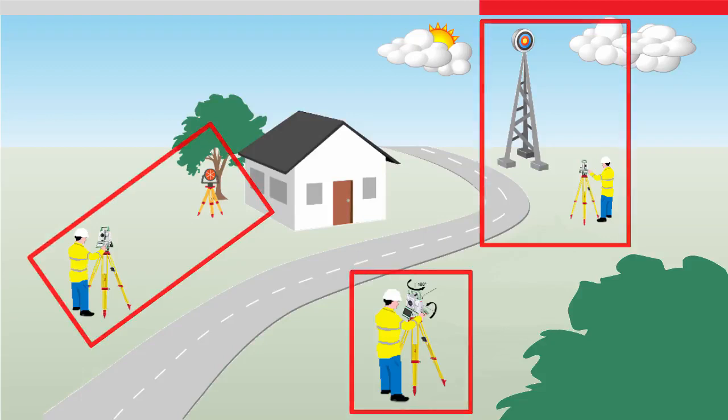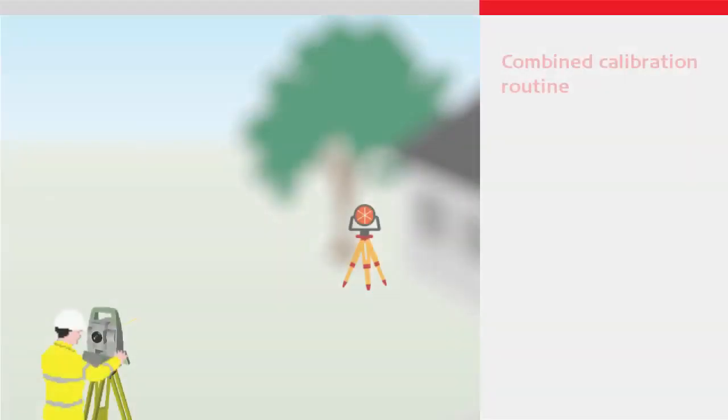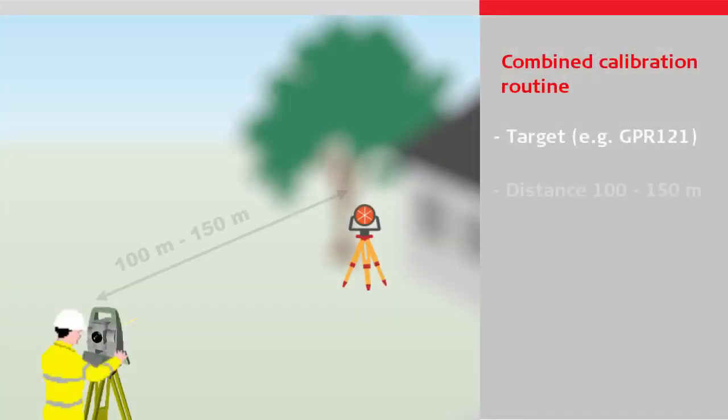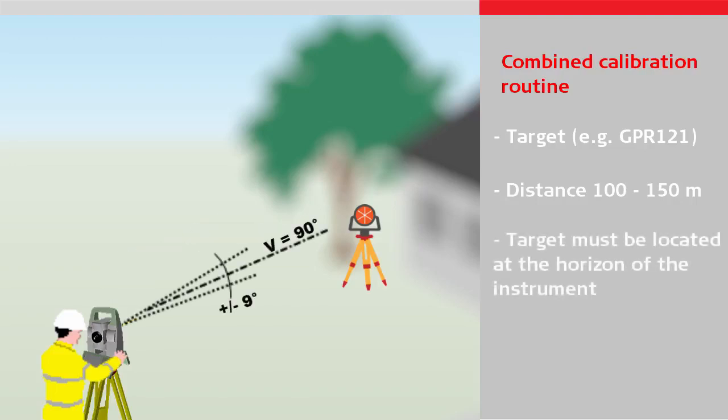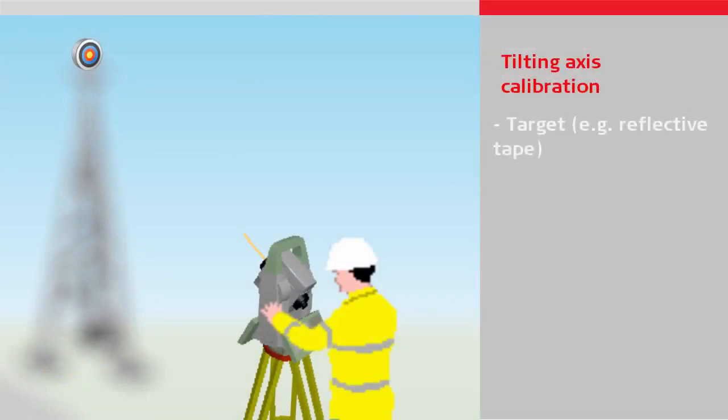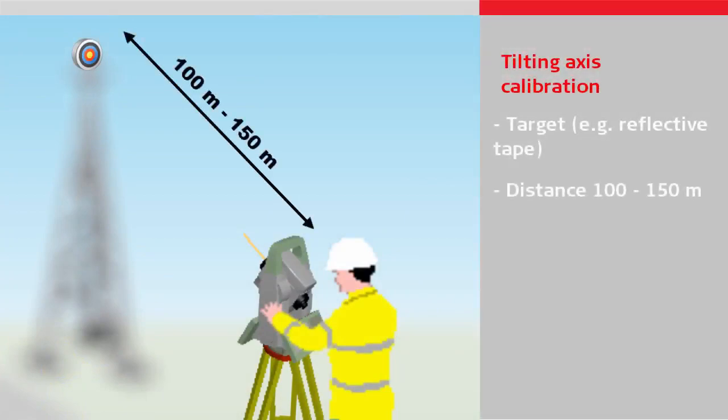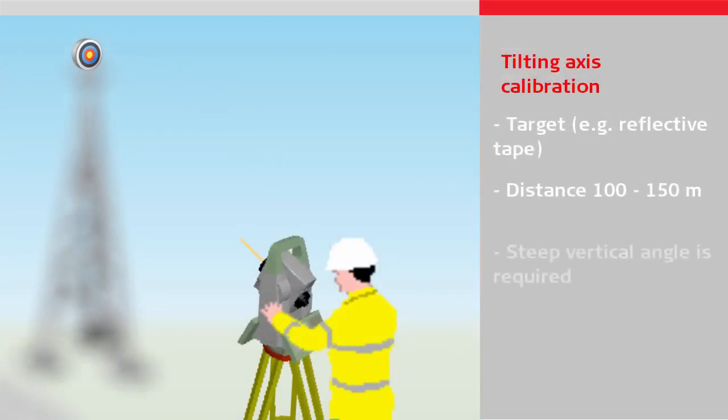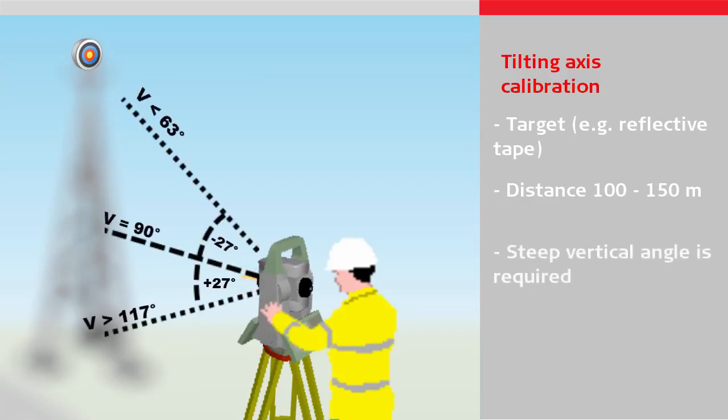The combined calibration routine requires a target at a distance of 100 to 150 meters, positioned less than plus or minus 9 degrees from the horizontal plane. The second routine requires a target at a similar distance, however, it must be positioned at least 27 degrees above or below the horizontal plane.